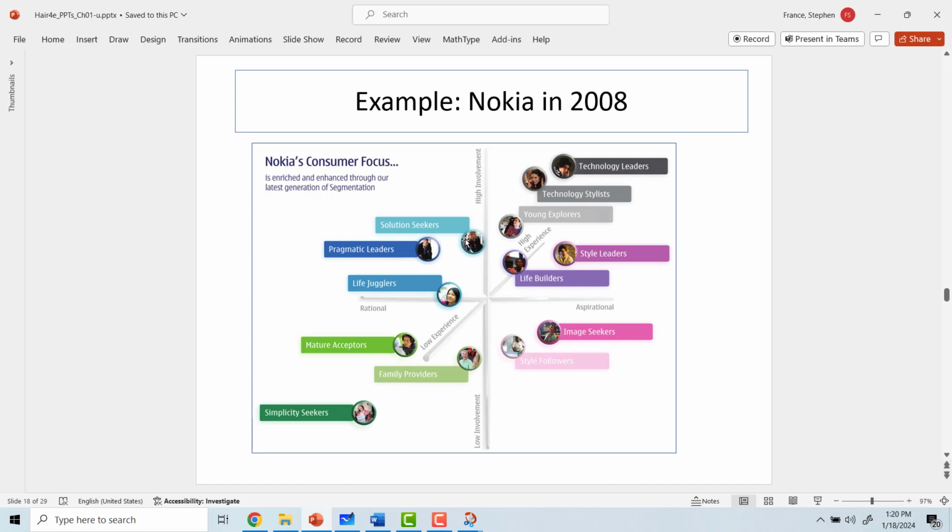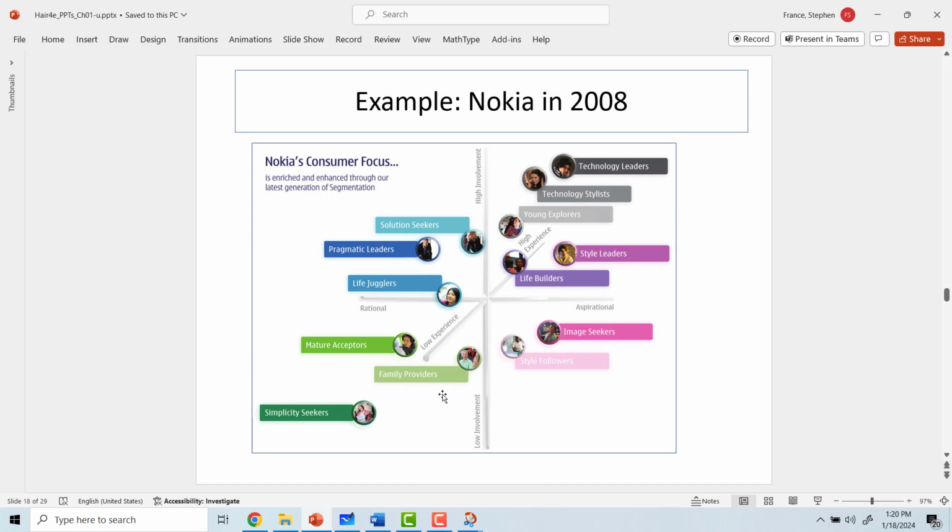And again, we have these two different segmentation bases. One based on whether somebody's rational to more aspirational. Rational, I get something that's most useful for me, and aspirational, it's like I want something cool, I want something to show that I'm wealthy.